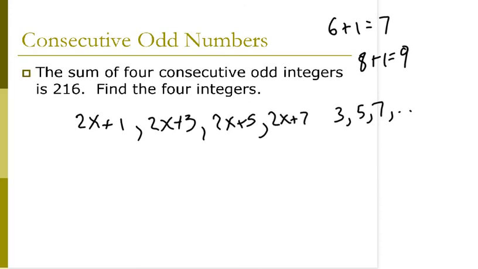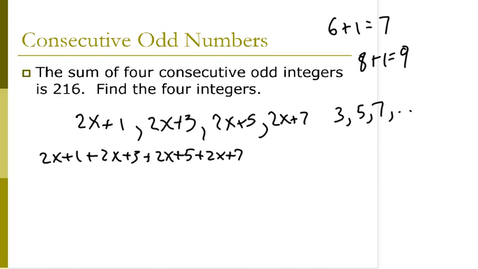The sum of these has to be 216. So in other words, the quantity 2x plus 1, plus the quantity 2x plus 3, plus the quantity 2x plus 5, plus the quantity 2x plus 7. When we add all 4 of these odd integers, their sum has to be equal to 216.